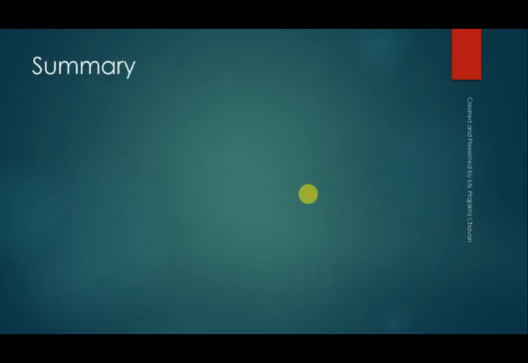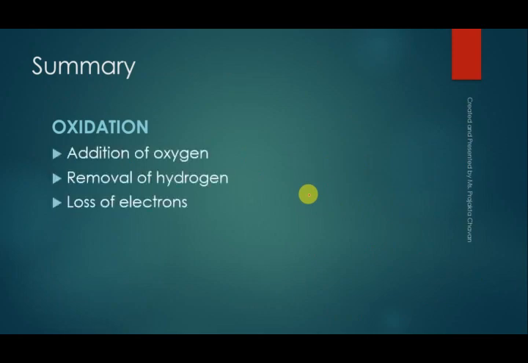So now let us summarize it. Till now we have studied oxidation, that it is addition of oxygen, removal of hydrogen or loss of electrons. Now one more point we will add, that oxidation is increase in the charge. This charge we can also call the oxidation number.